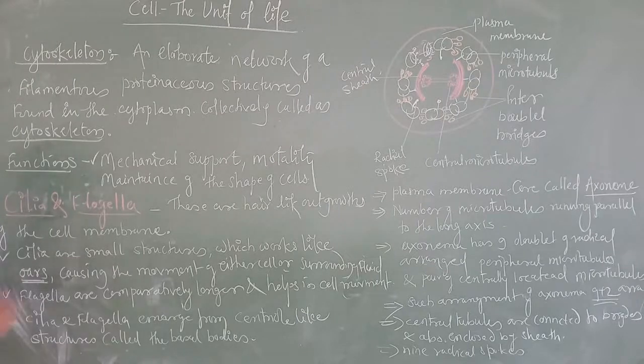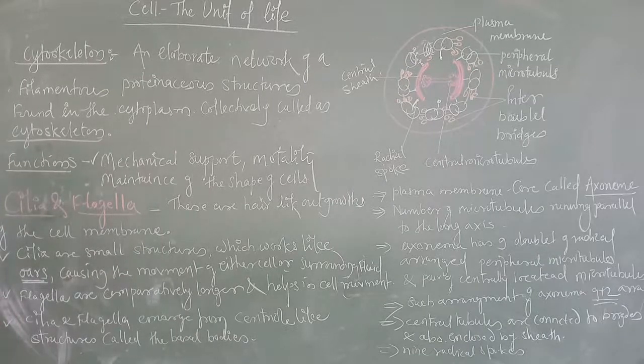Likewise, the cytoskeleton plays a very important role in maintaining the shape of cells. The cytoskeleton is an elaborate network of filamentous proteinaceous structures found in the cytoplasm, and its functions are mechanical support, motility and maintenance of cell shape.